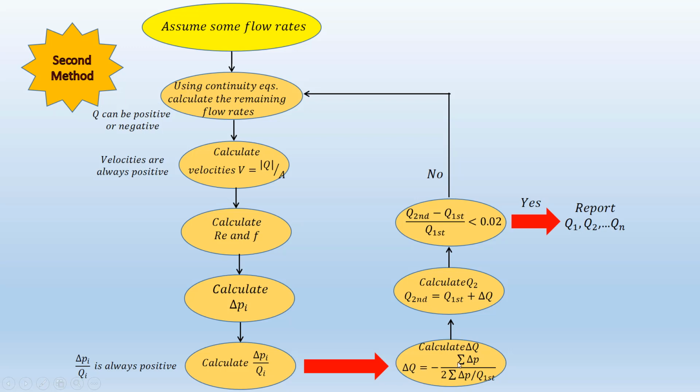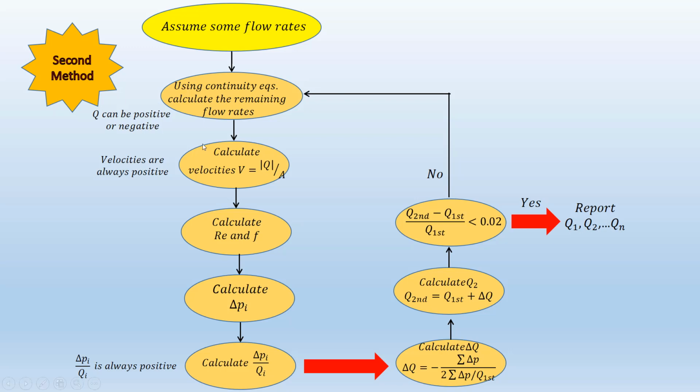And then you can calculate the delta Q. What is the delta Q? The delta Q is the sum of delta Pi over 2 times the sum of delta Pi over Qi. And then you can calculate the second Q. If the difference between the second Q and the first Q, the error, is less than 2%, you are good.